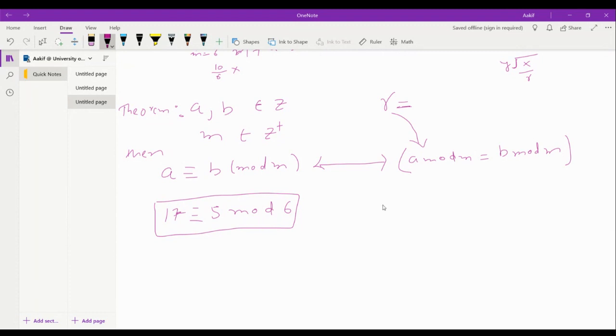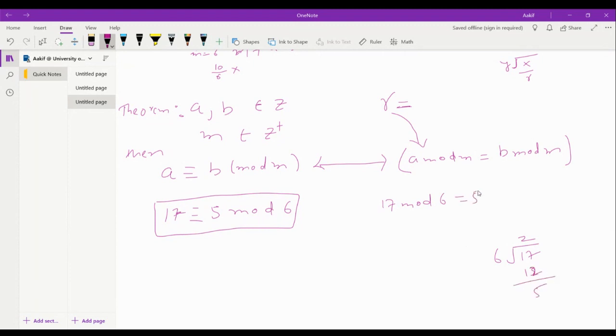So in this case we have 17 mod 6. If you divide 17 by 6, 6 times 2 is 12, and we get 5.